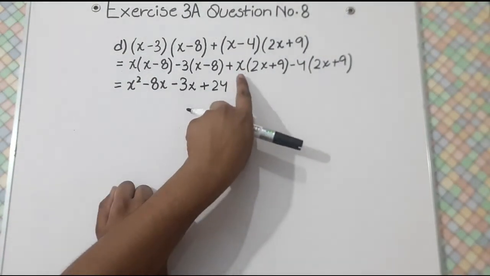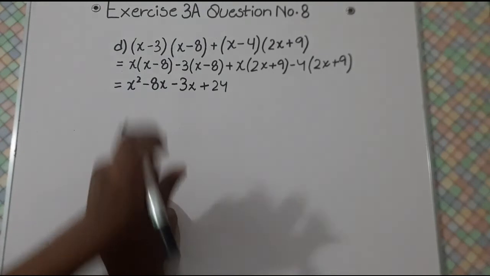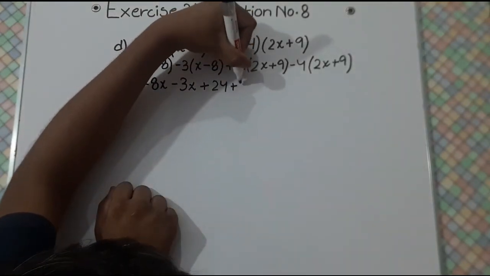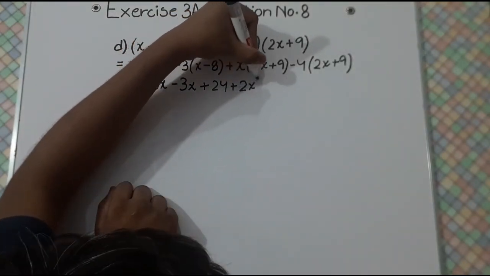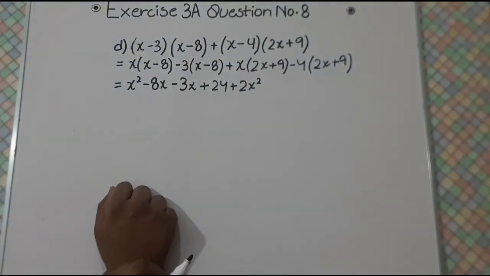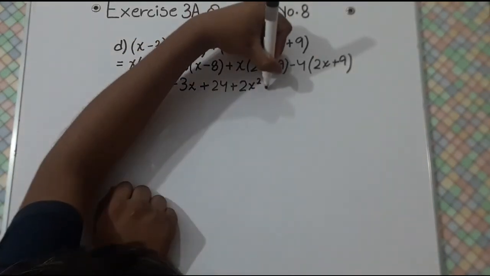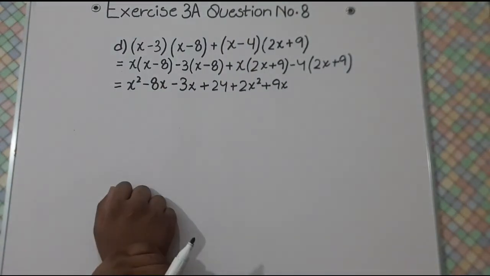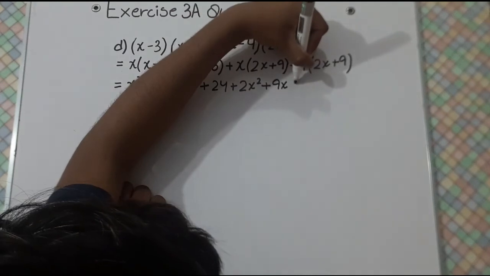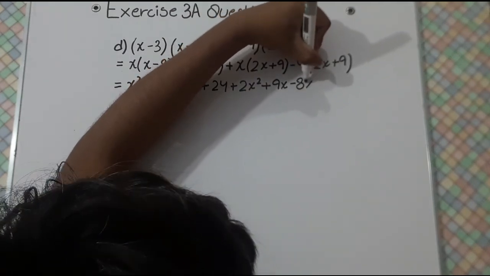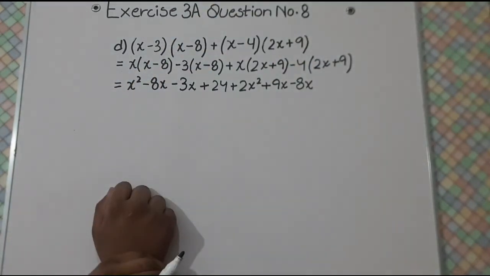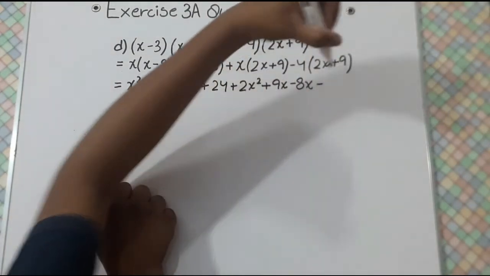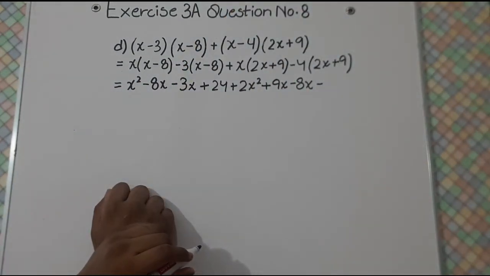Now x multiplied by 2x would be 2x square. The sign is plus 2x square. Then x multiplied by 9 is 9x. The sign would be plus 9x. Then minus 4 multiplied by 2x would be minus 8x.